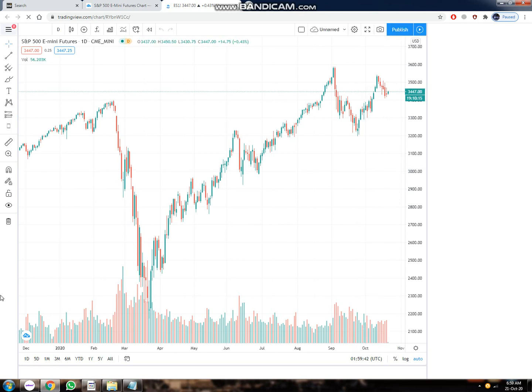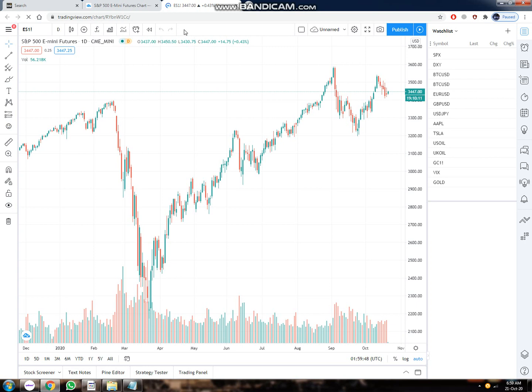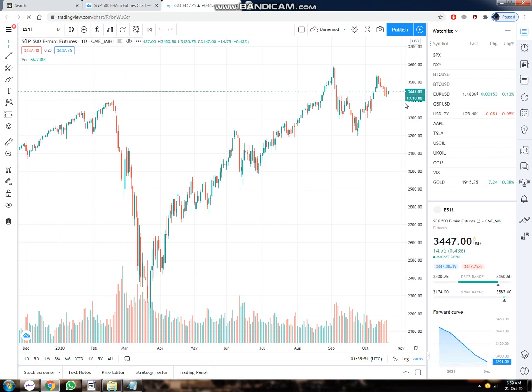You can see here all of those indicators which are necessary for the analysis of stocks appeared right here. You can see this is S&P 500. Again, this is Bitcoin USD, this Euro USD, Tesla, gold.